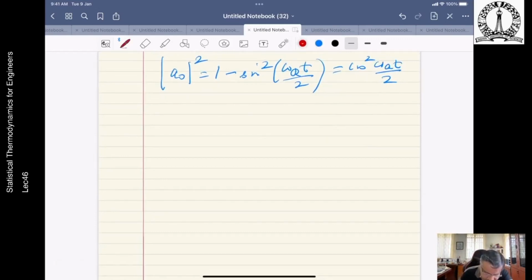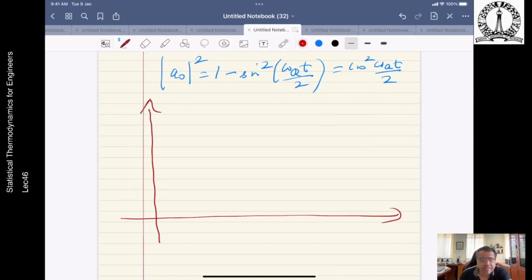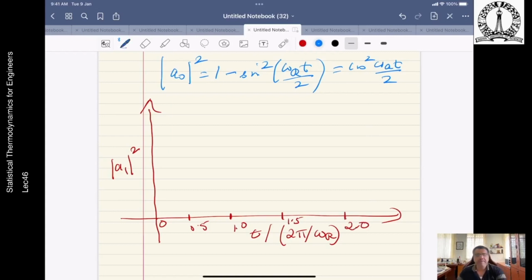The transition probability A1 squared can now be plotted for three different detuning frequencies. So let us draw that. This axis has A1 squared, and this is omega r t divided by 2 pi, with values 0, 0.5, 1, 1.5, 2. When the detuning frequency is 0, we get a curve like this.